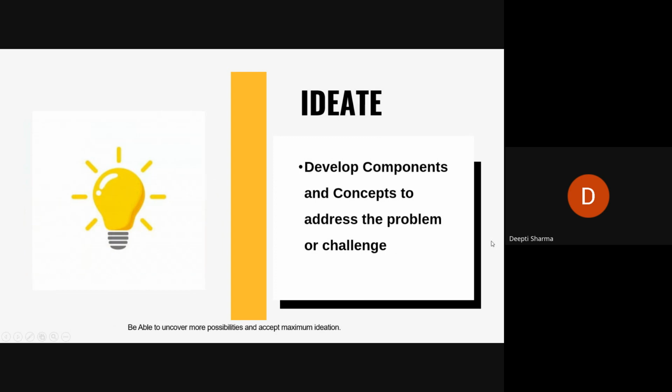Now the next phase is the ideate phase. The ideate phase includes the development of components and concepts to address the problem or a challenge.